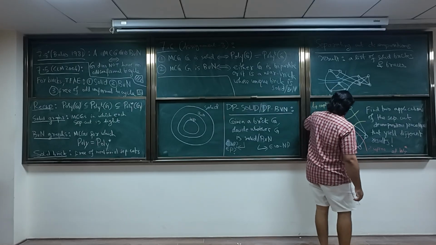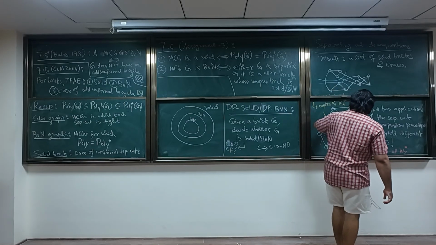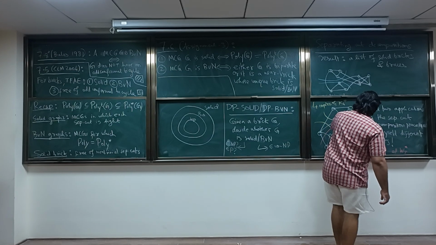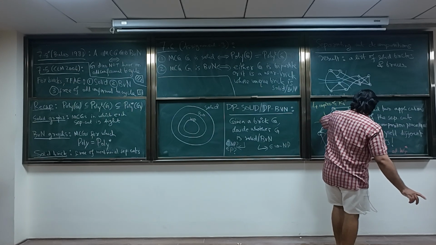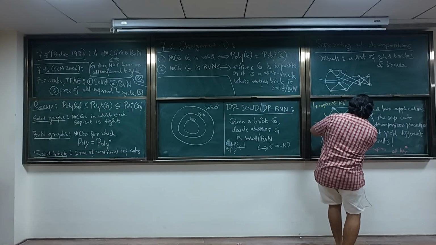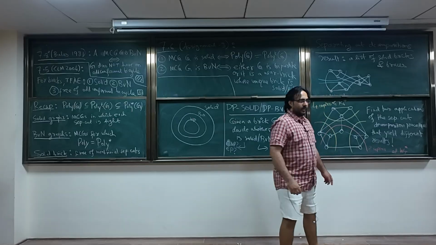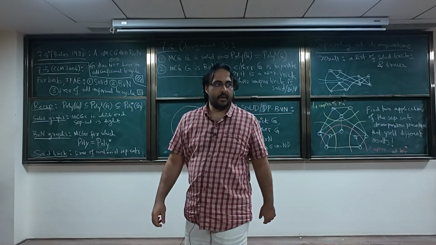No, this one won't be simple because here the 5 cycle has more edges. Wait, maybe you're right. Maybe it's both simple. No, I'll get a vertex of degree 5. Oh, okay. I don't think they're simple. They're not simple. No.